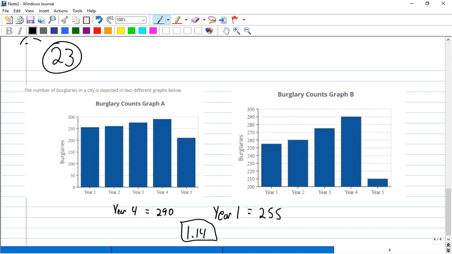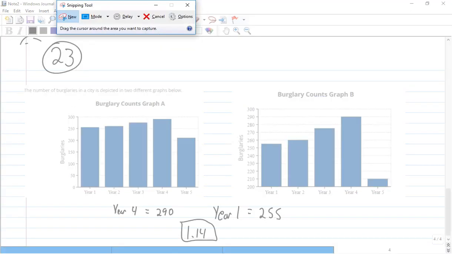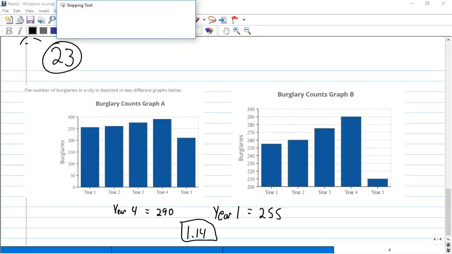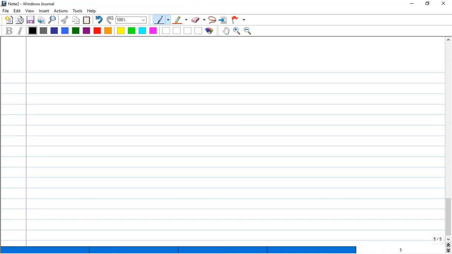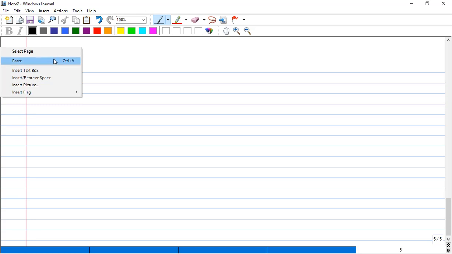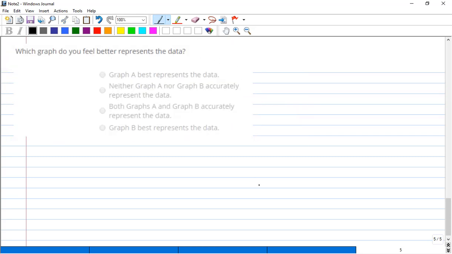All right, here's the second question. So we have those two graphs. Step 2 says, which graph do you feel better represents the data? Graph A, neither A nor B, both A and B, or graph B?